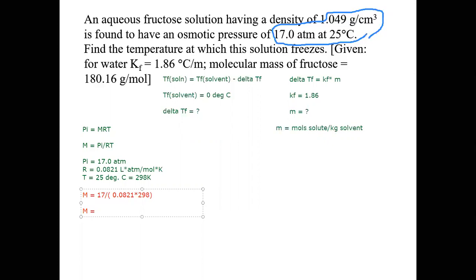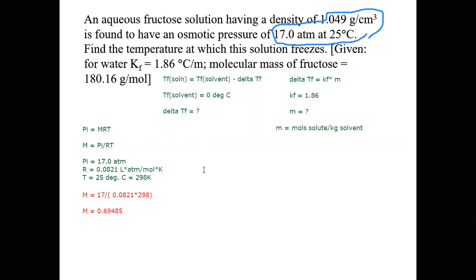Molarity equals 0.69485. Make sure you keep quite a few significant figures. So now we know the molarity.